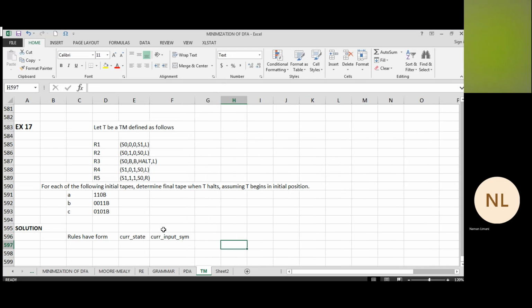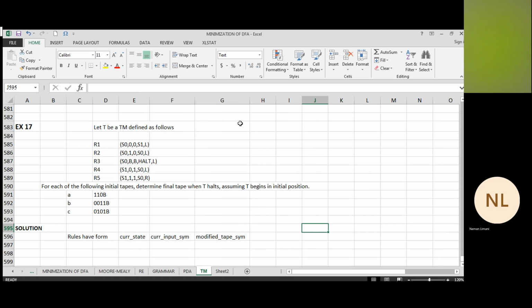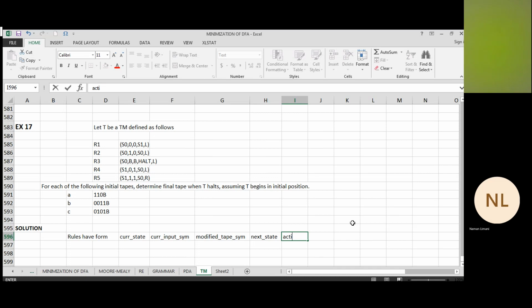Third one will represent modified, either you say modified or tape symbol. Then next comes action. So this action will have L or R or N.